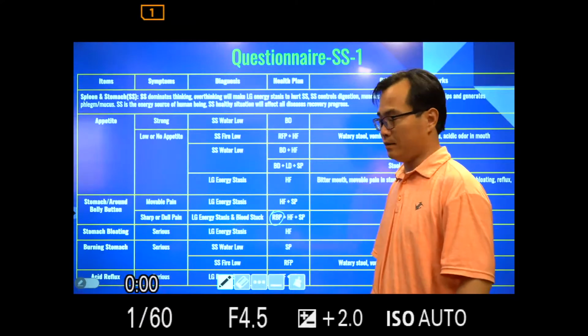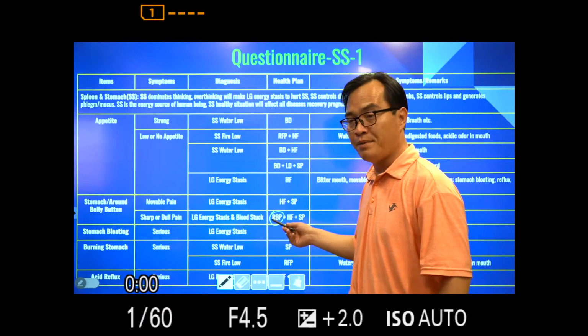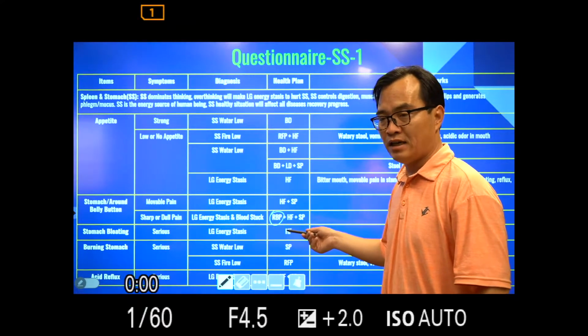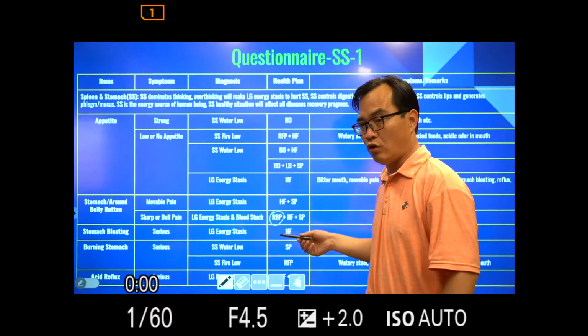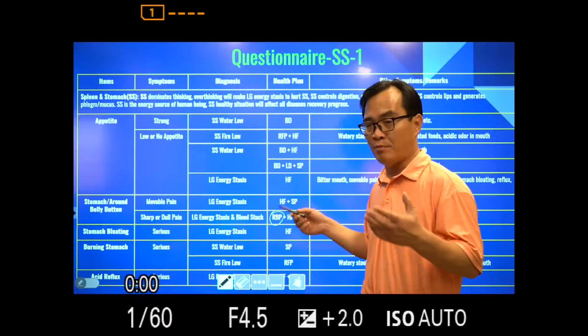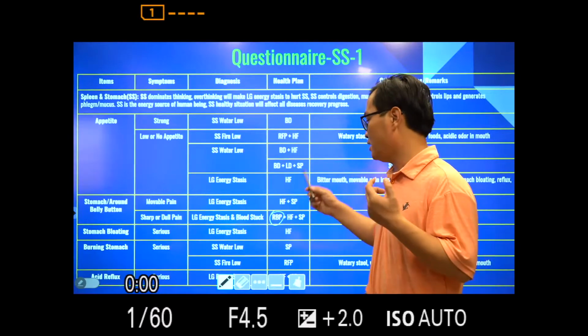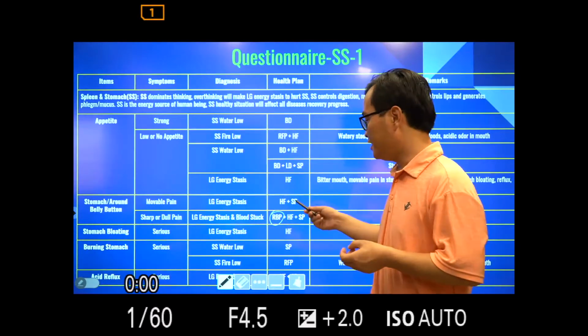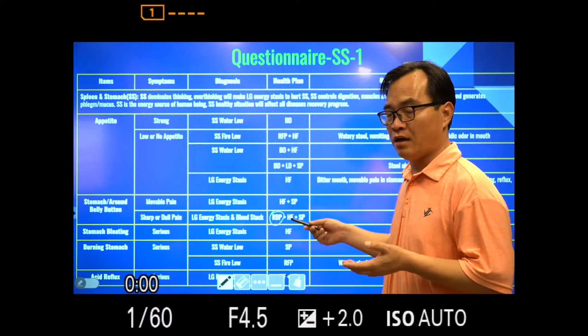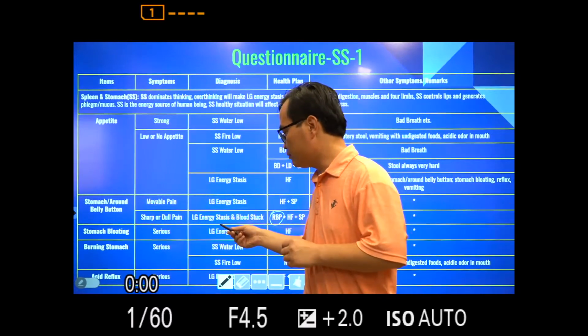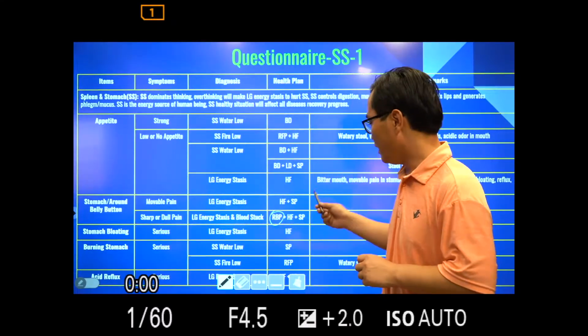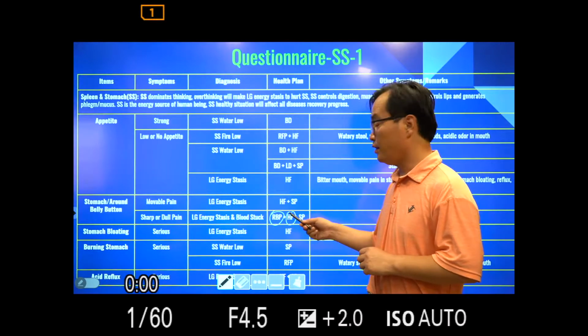RBP is an abbreviation for Ruby Plus, okay? This is the king product, the king formula for this kind of problems, this kind of symptoms. And with KB40, it is the assistant.